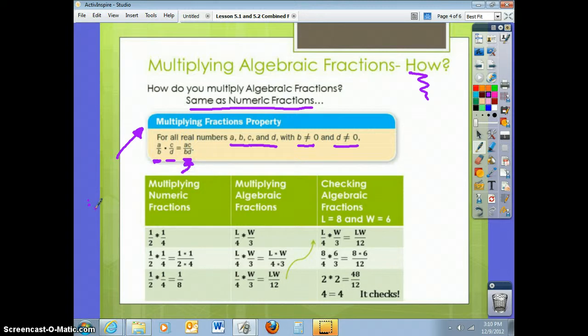That would have been the same thing you would have been doing with numbers, like we're going to do right down here.